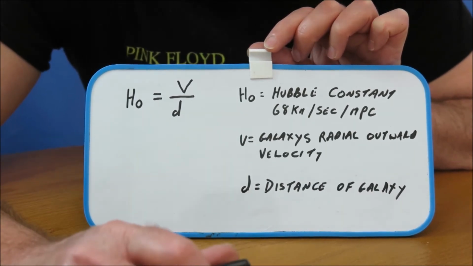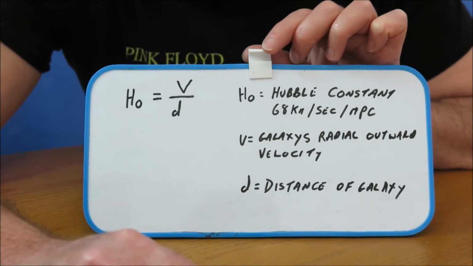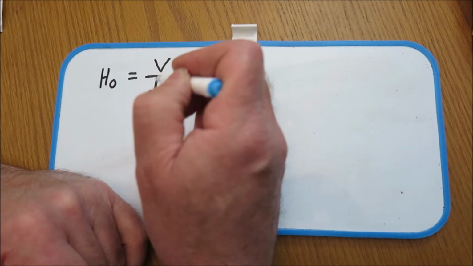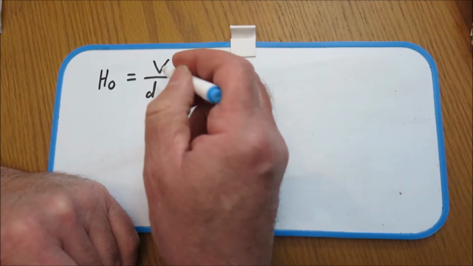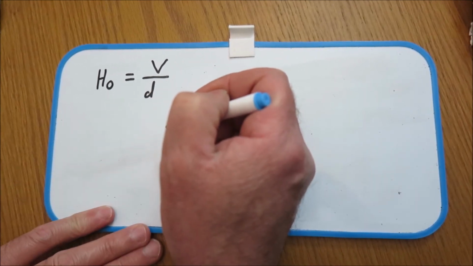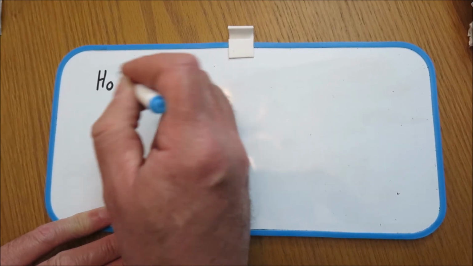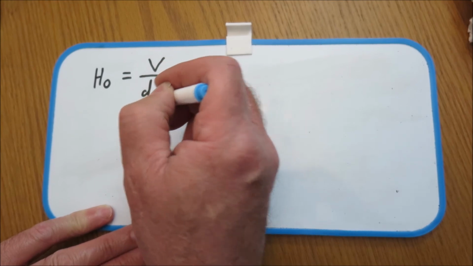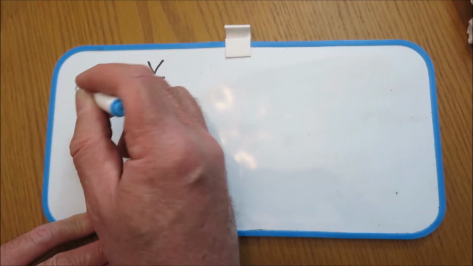So say for instance Andromeda from Earth. We know that H0, the Hubble constant, is equal to V over D, but we want V. So to get V on its own, we need to get D onto the other side of the equation. With the laws of algebra, it's V divided by D, so we have to do the opposite to move it.